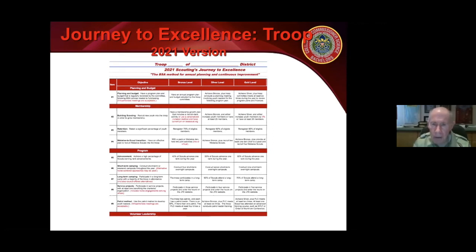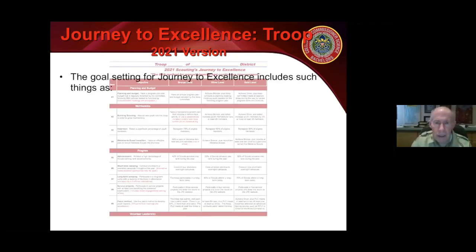A little higher, a little bit more production, we go into the silver level and the gold level at the top. This is a little hard to read because of the size of the print. So it includes such things as the following.